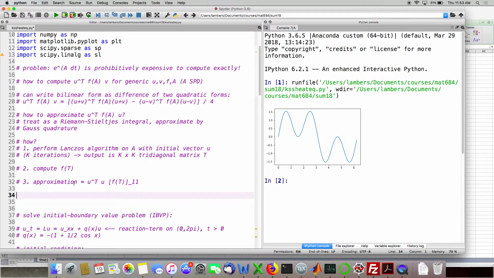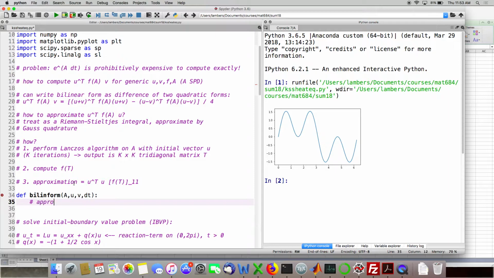So I need a function. I'll call it bilinear form, or bilin form, which needs a matrix A. We need vectors U and V. And for our case, we need delta t also, because that's a parameter in our function. So this is meant to approximate U transpose exponential of A delta t times V. That's this function's job.